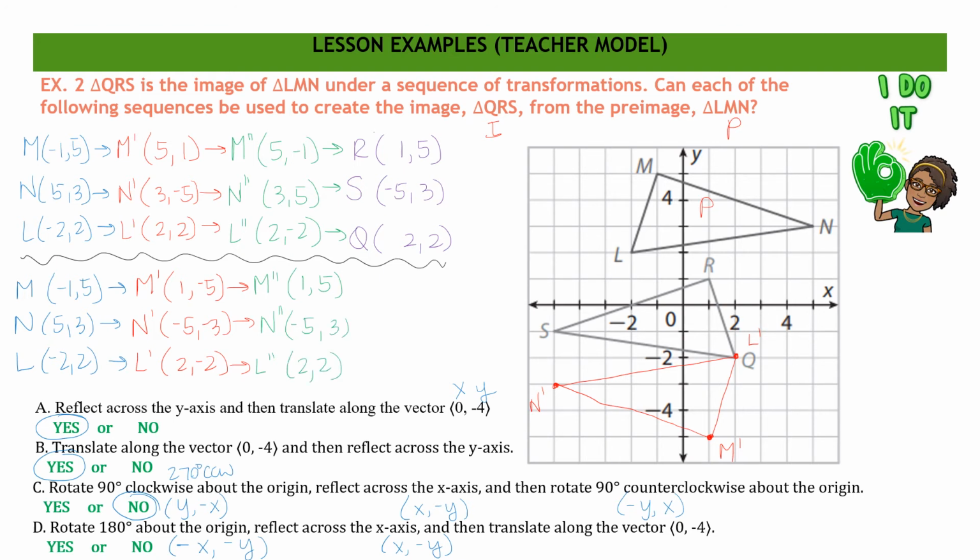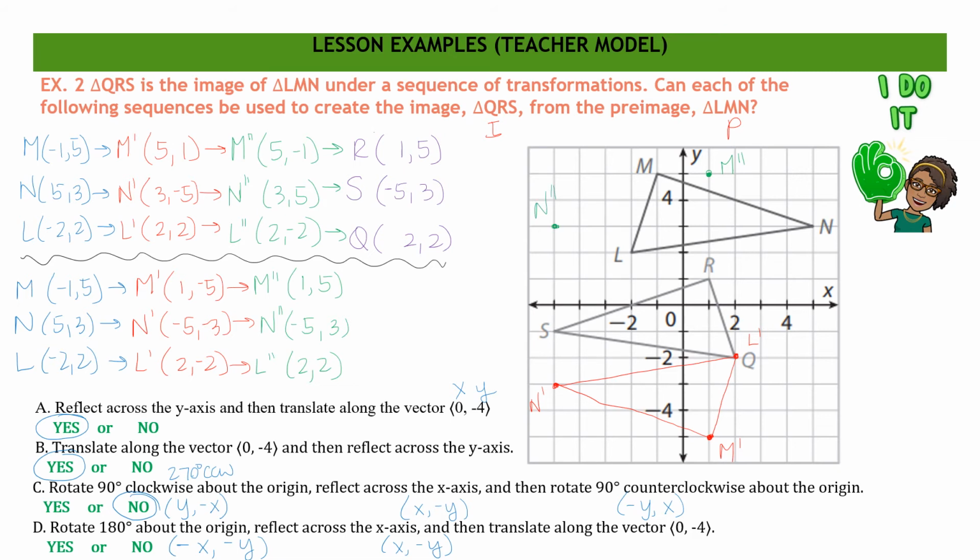So let's go ahead and graph that. 1, 5 gives me here. That's M double prime. And then I have negative 5, 3. Negative 5, 3 is here for N double prime.